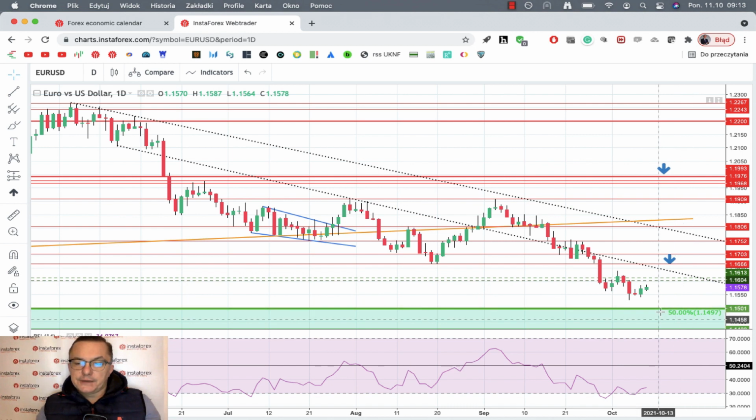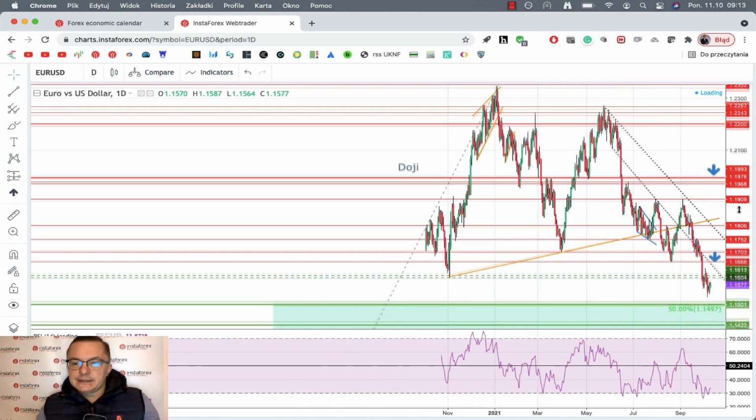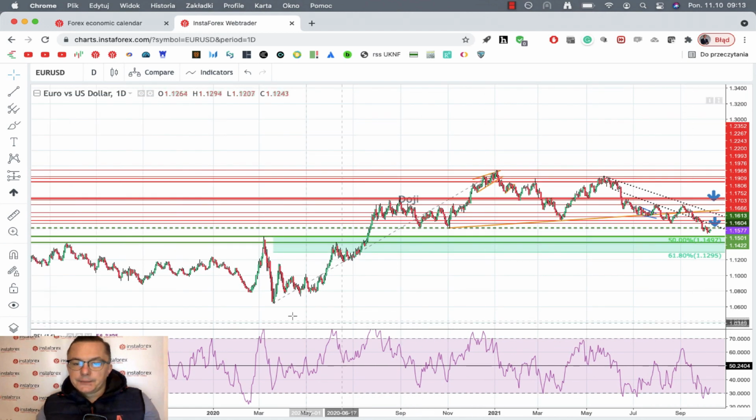Because ahead is the 50% Fibonacci retracement, and if we just zoom out, you will see that this 50% is from the COVID low to the 2021 high. This is a significant level, 1.1497. Just around this level there is also significant long-term technical support.